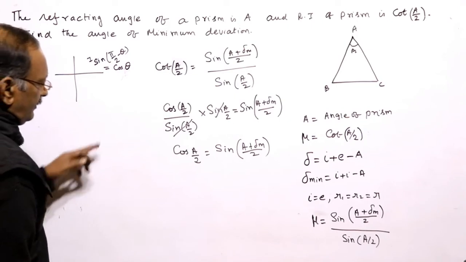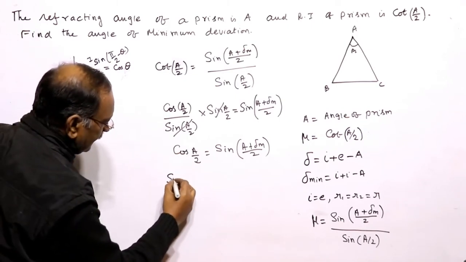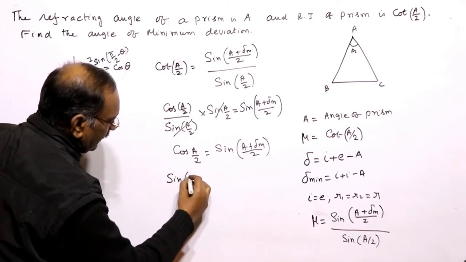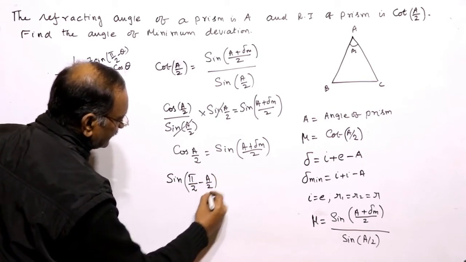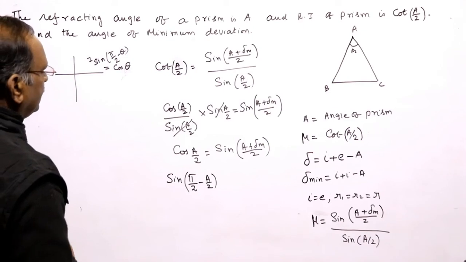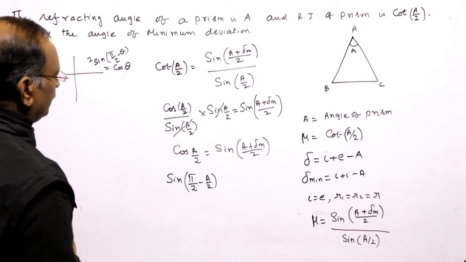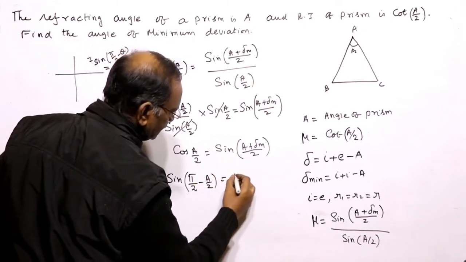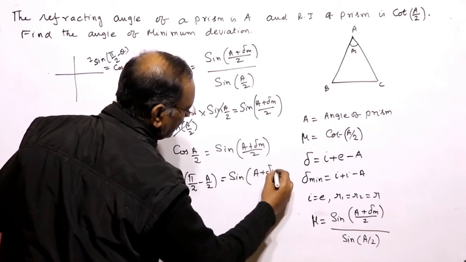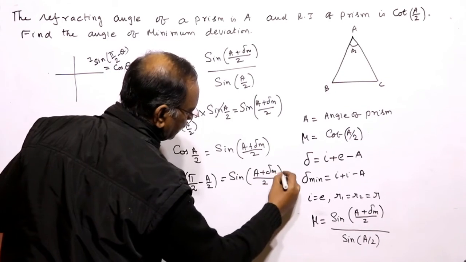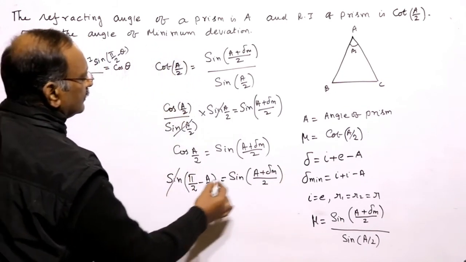So we can write it as sine of pi by 2 minus A by 2. So sine of pi by 2 minus A by 2 is equal to sine of A plus minimum deviation divided by 2. So we can cancel out sine and sine.